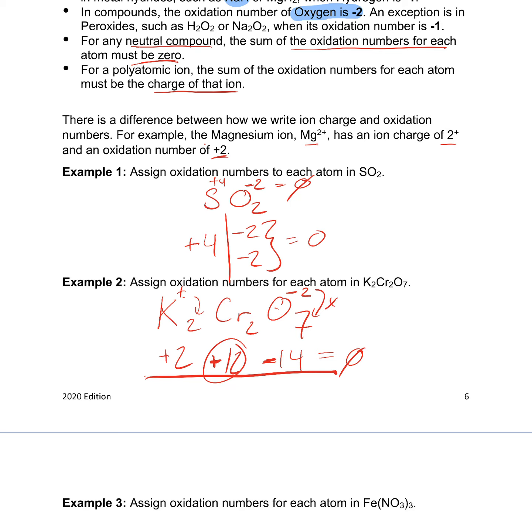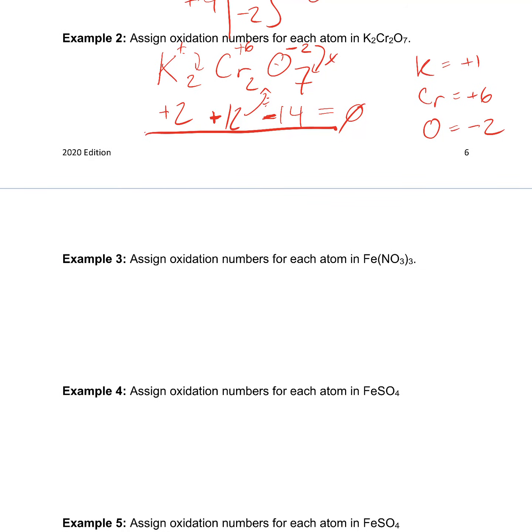Now to find the chromium, I need to do the reverse operation, a division, which gives me +6 per chromium. So each potassium is +1, each chromium is +6, and each oxygen is -2. You can do this in a variety of ways. If you watch 5 videos, you'll get 5 different ways of calculating this.